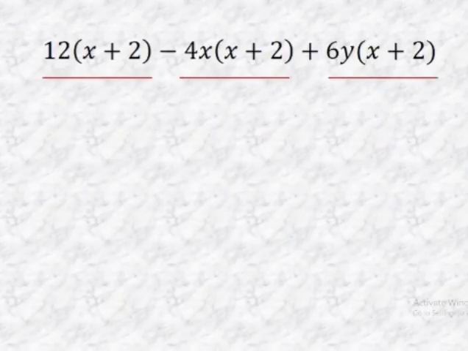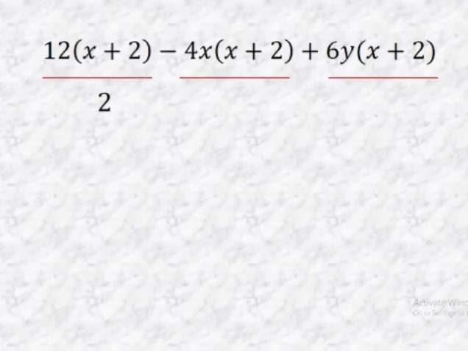Another example. Again we have a polynomial with 3 terms. These 3 terms are divided by signs of addition and subtraction. If we look in this example, we can see x plus 2 is common in all of these 3 terms. So let's take it out, but before that 2 is also common in the coefficients 12, 4x and 6y.